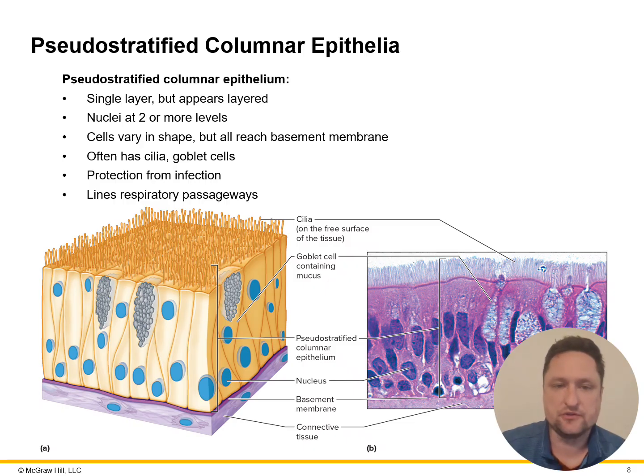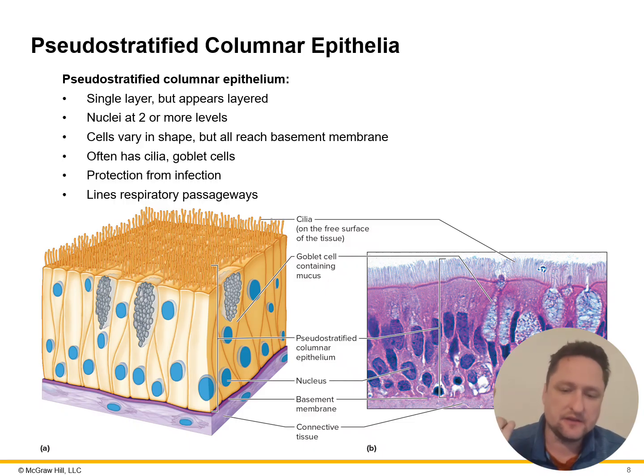This tissue lines most of your respiratory tract, including your trachea and your bronchi. And this is where the cilia move mucus and trapped particles upwards toward the throat. So this coordinated movement is part of the body's defense mechanism. It helps prevent debris and really any kind of pathogen from entering the lungs.